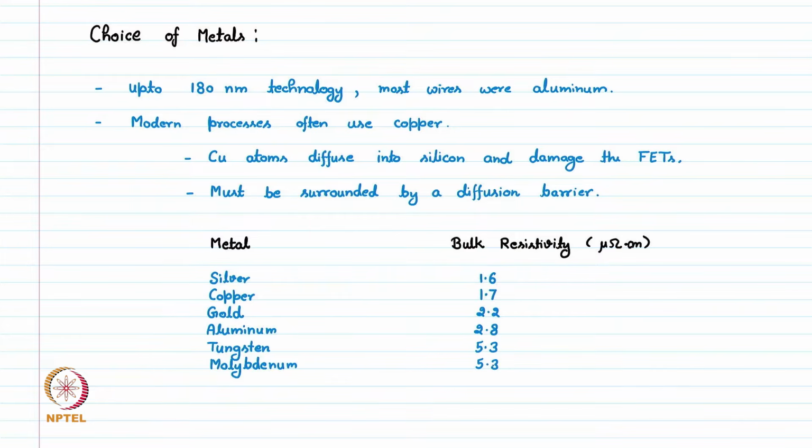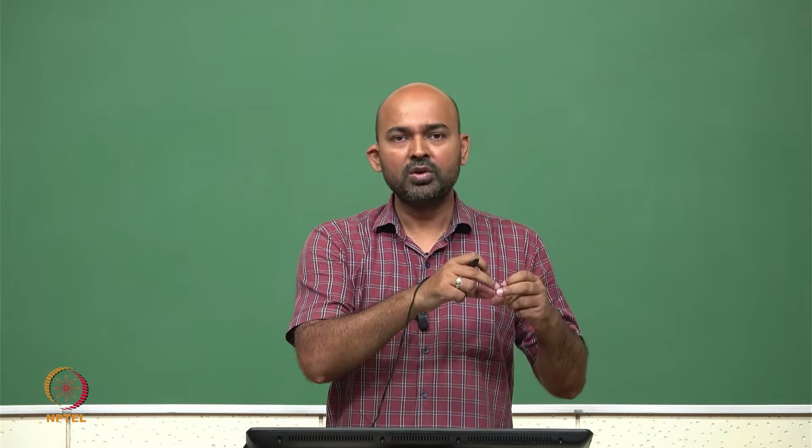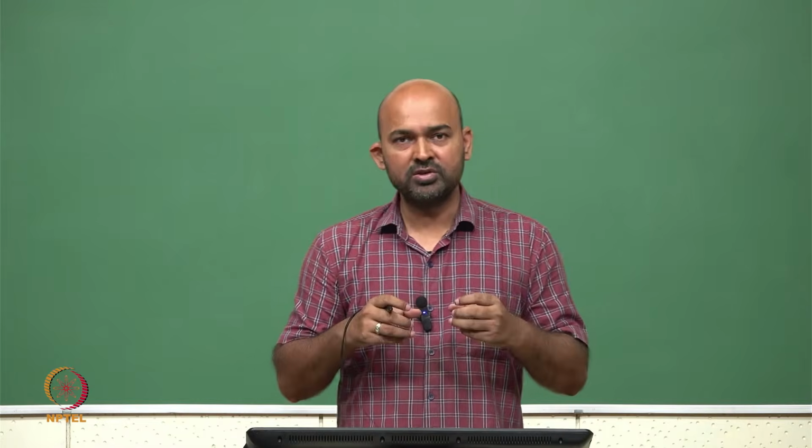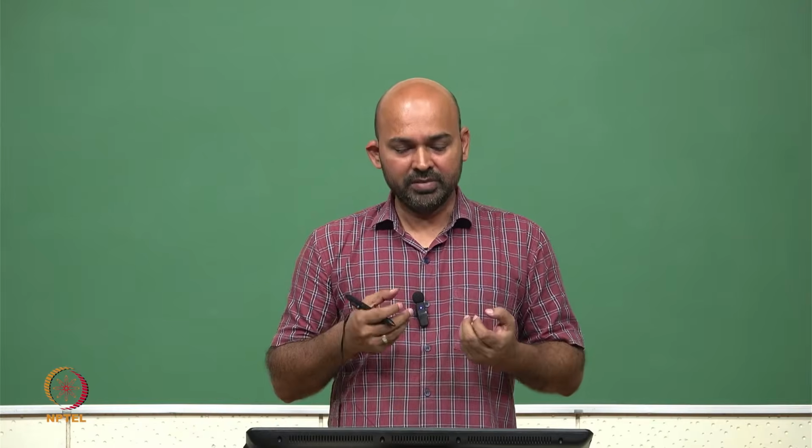So these are some of the bulk resistivities of metals we generally use in semiconductor processes. So these are the metals we use to connect two devices together on a silicon substrate or on a PCB.